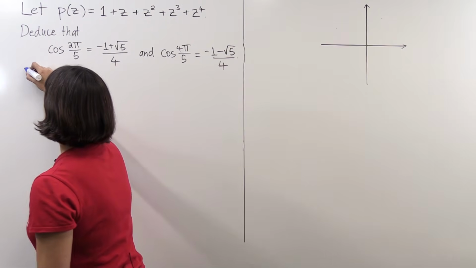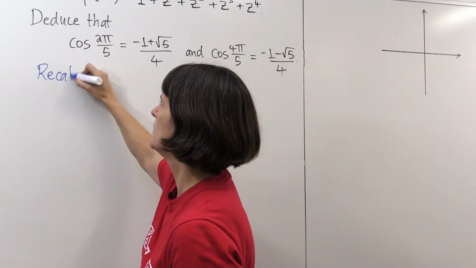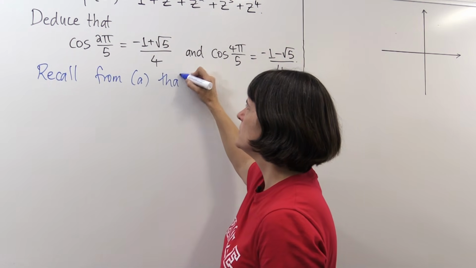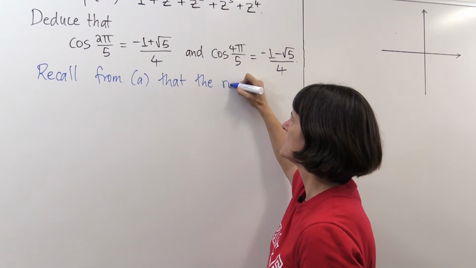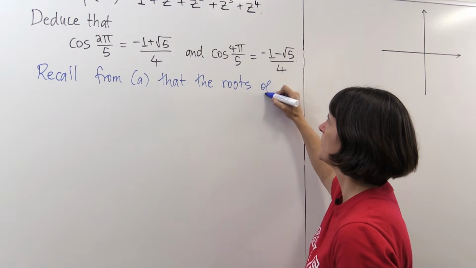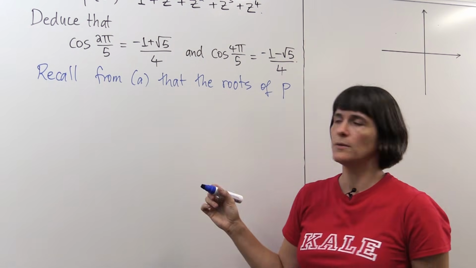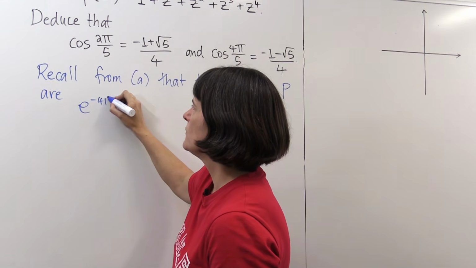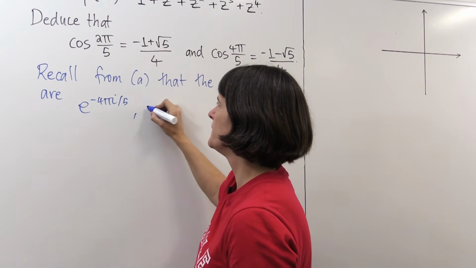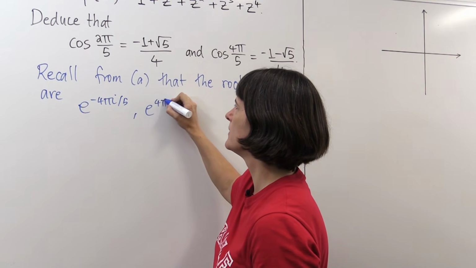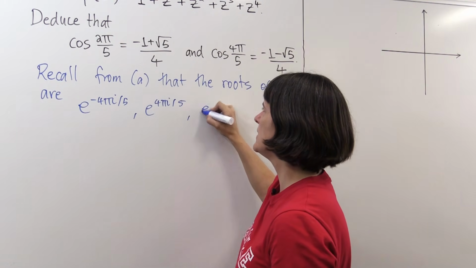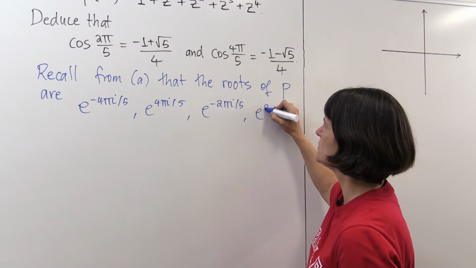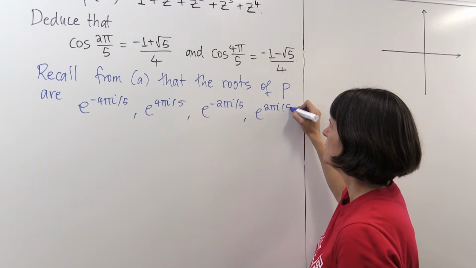Recall from part A that the roots of P, the solutions of P of z equals 0, are e to the minus 4 pi i on 5, e to the 4 pi i on 5, e to the minus 2 pi i on 5, and e to the 2 pi i on 5.